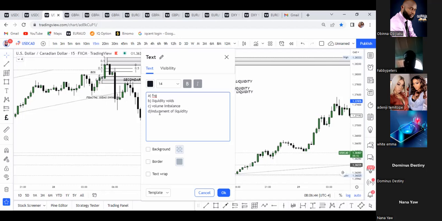Inducement of liquidity. Under inducement of liquidity, we have hanging fruits, range structures, trendline liquidity. All of those are inducement of liquidity.